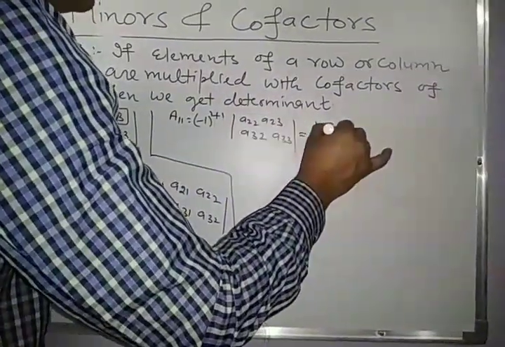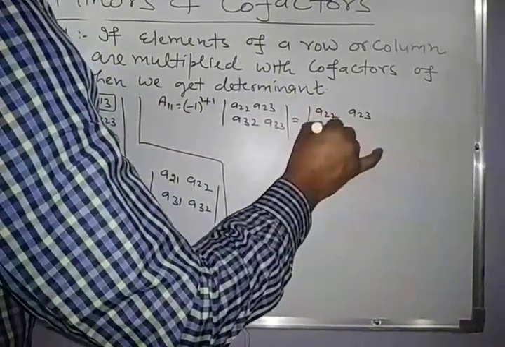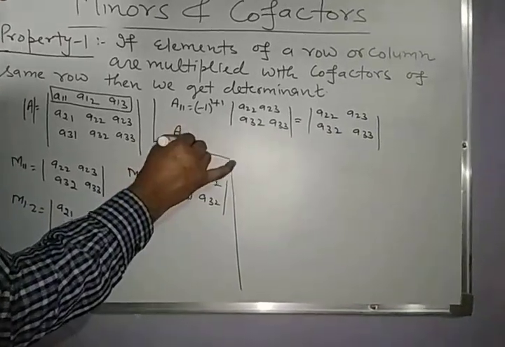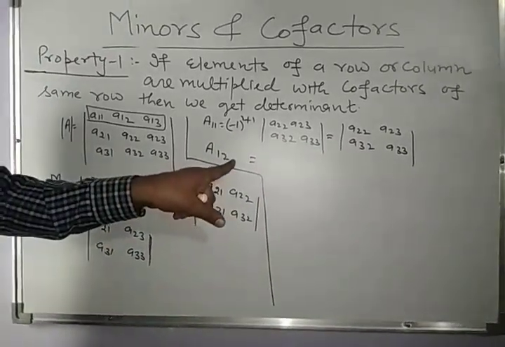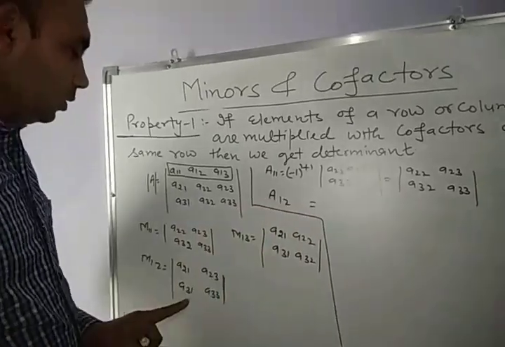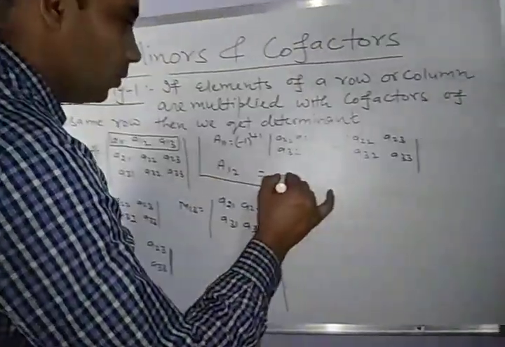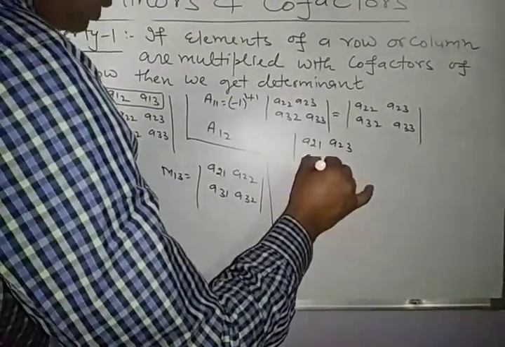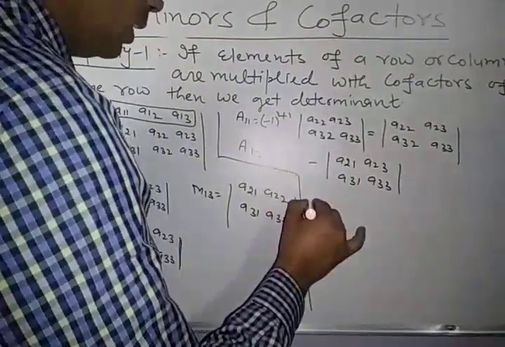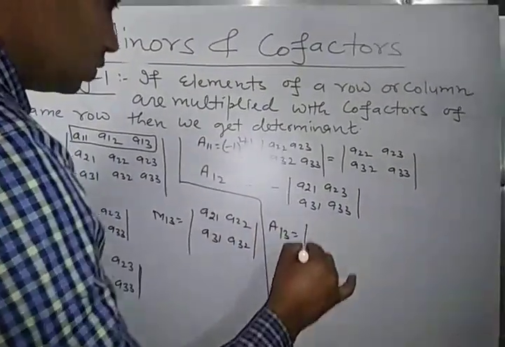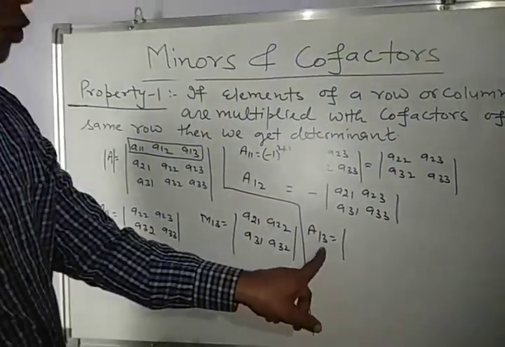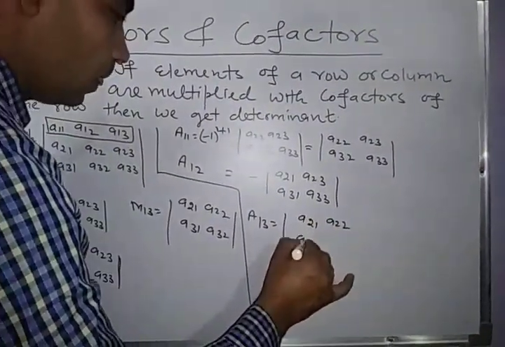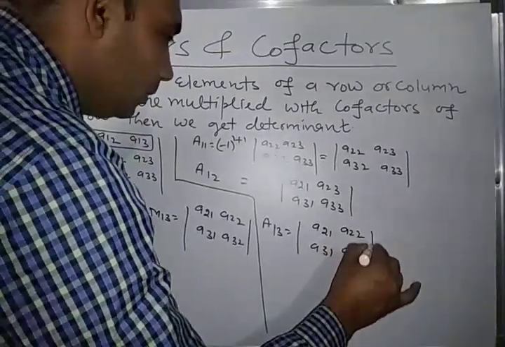Similarly, for the cofactor of A12, 1 plus 2 is 3, an odd number, so the sign changes to negative: minus the determinant A21, A23, A31, A33. For A13, 1 plus 3 is 4, so the sign is positive, and the determinant is A21, A22, A31 and A32.